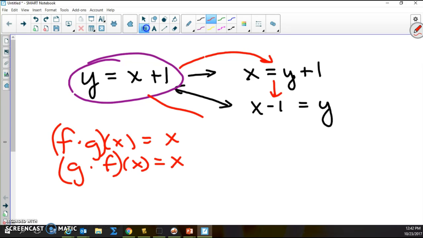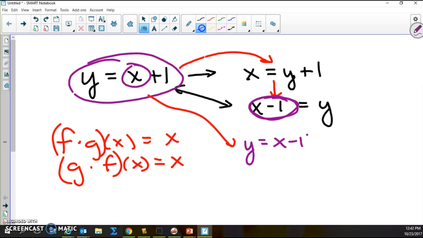So let's take this first function, y equals x plus 1, and replace all x values with the other function. So f of g of x would give me y is equal to, replacing the x in the first equation with the value in the second, x minus 1 plus 1, and we can see that function yields x, or that composition.